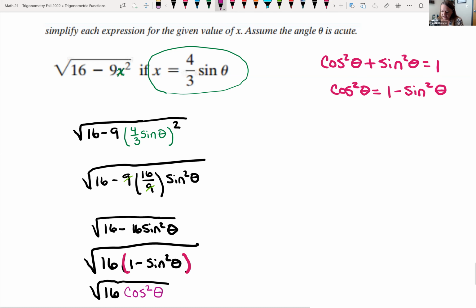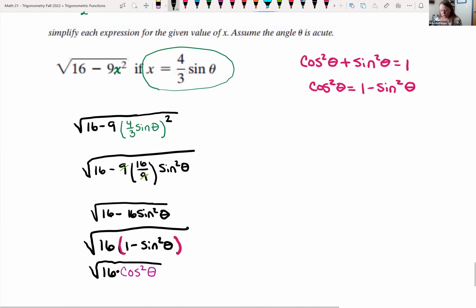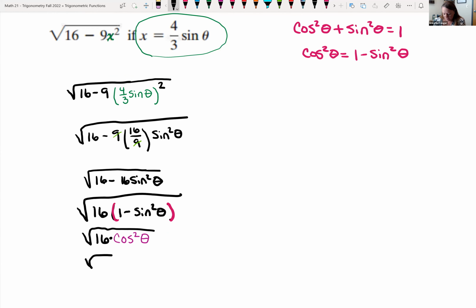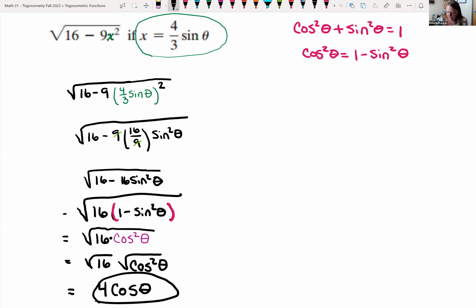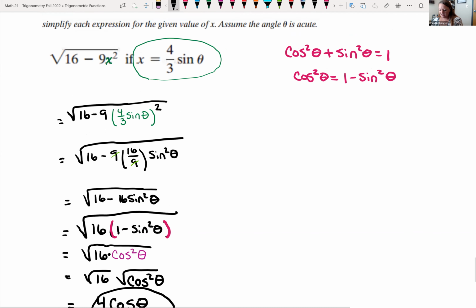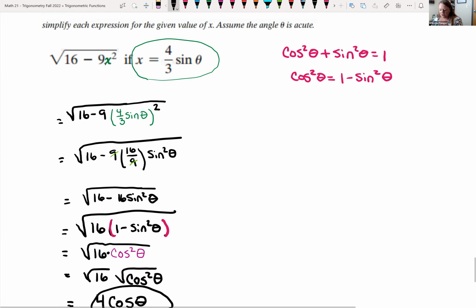Now that we have the square root of a product of perfect squares, we can use rules of radicals. And this is the same thing as the square root of 16 times the square root of cosine squared theta. So the square root of 16 is 4, and the square root of cosine squared theta is cosine theta. Okay, so we've taken that expression and rewritten it in terms of the trigonometric function with the acute angle theta.